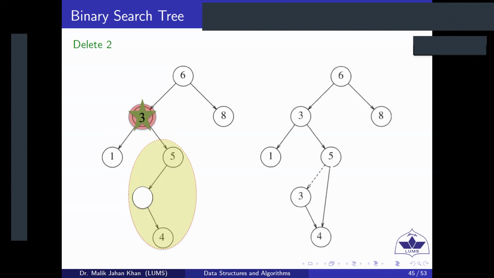And then we just get rid of 3, and 4 becomes the left child of 5 directly, and this gives us the resultant tree after deleting 2. Okay, any questions so far?